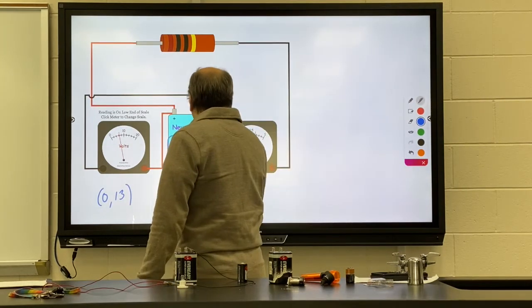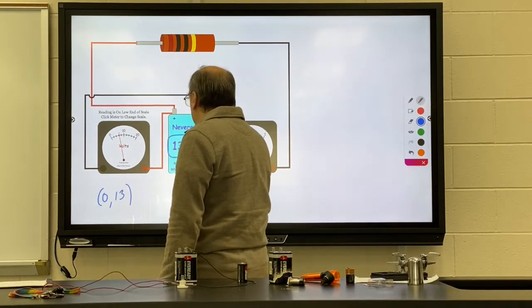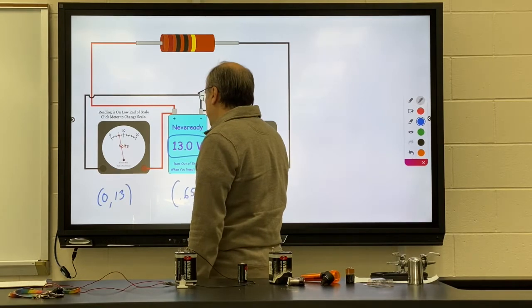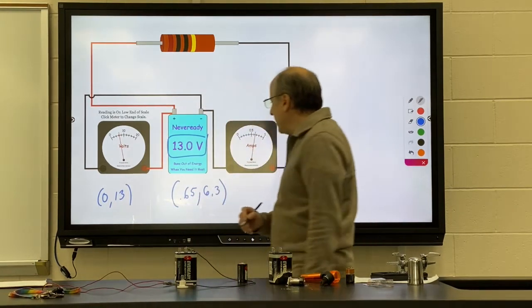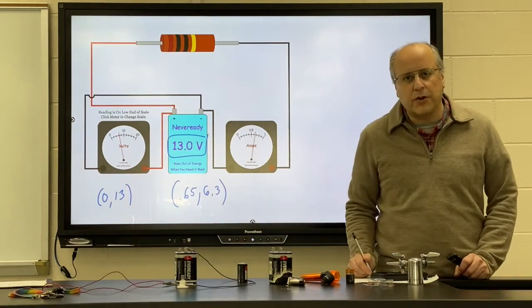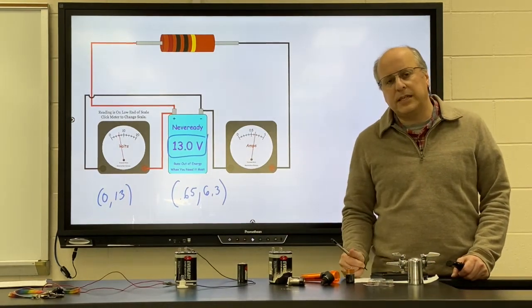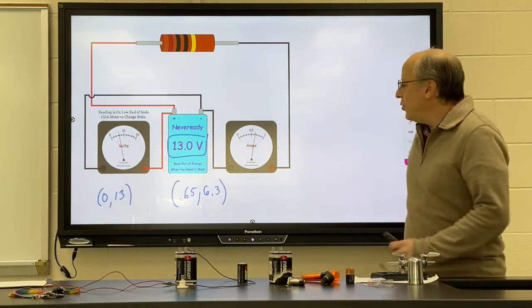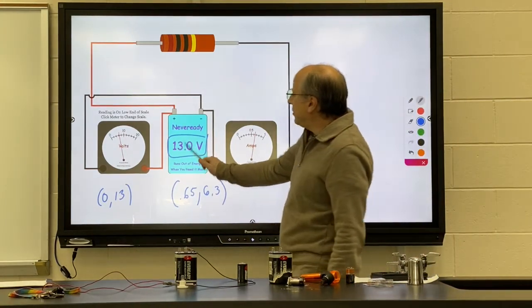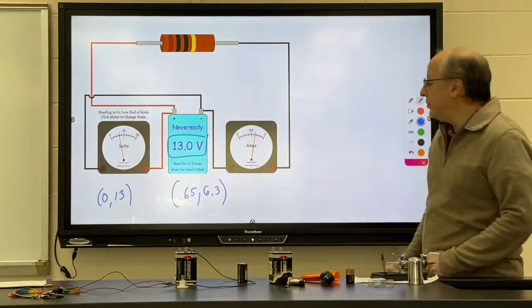The other data point looks like it's around 0.65, comma 6.3. So again, I'm going to ask you to do this on your own. Find the internal resistance and find the maximum current from that battery. You obviously don't have to get the y-intercept because it's already been told to us.